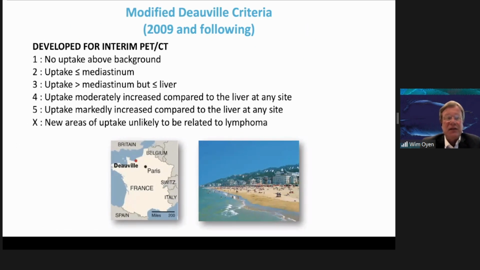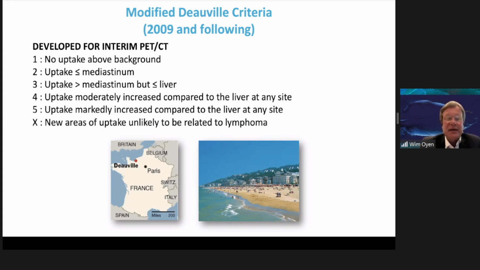Here you see the criteria that we use for assessing response in lymphoma, and these are relatively pragmatic. They were first devised at a meeting in France, in Deauville. On the picture on the lower right, you can see it was a really tough place to meet.